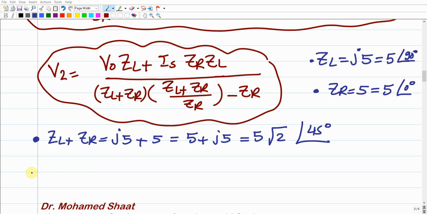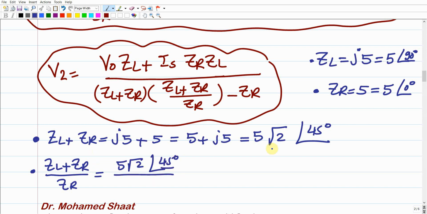Also, we're going to continue working on the other operation. Now we already did this part, and now we have to divide by ZR. So ZL plus ZR, which we already got in the polar form, divided by ZR, is 5 square root of 2 angle 45 degrees, the numerator term we just calculated, divided by ZR, which is already 5 angle 0 in the polar form.